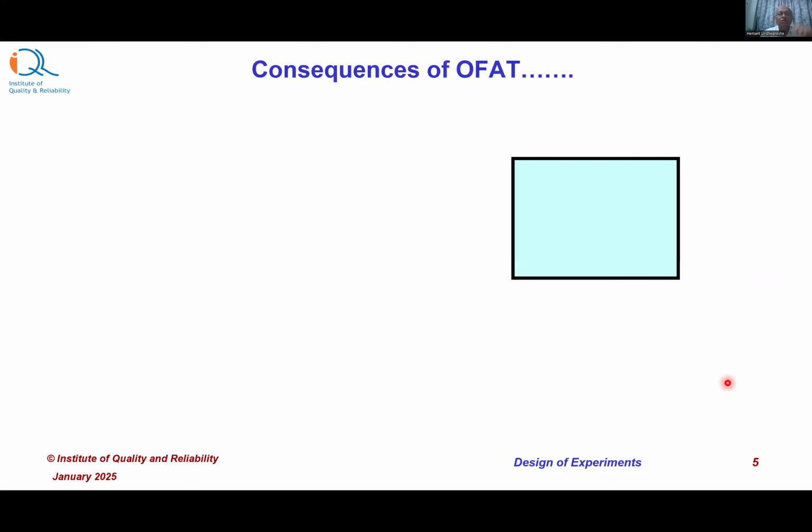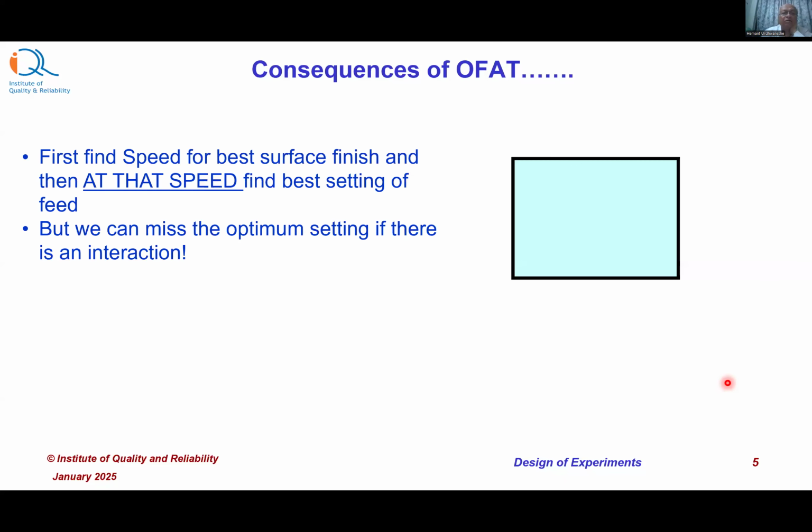Let us say, what is the consequence of OFAT? First, let us say you want to optimize the speed and feed to get the best surface finish for a cutting tool, and you are machining some part. What you will do is first find the speed for the best surface finish, and then at that speed find the best setting of the feed. Let us say you have factor A and you decide that this speed is the best for me.